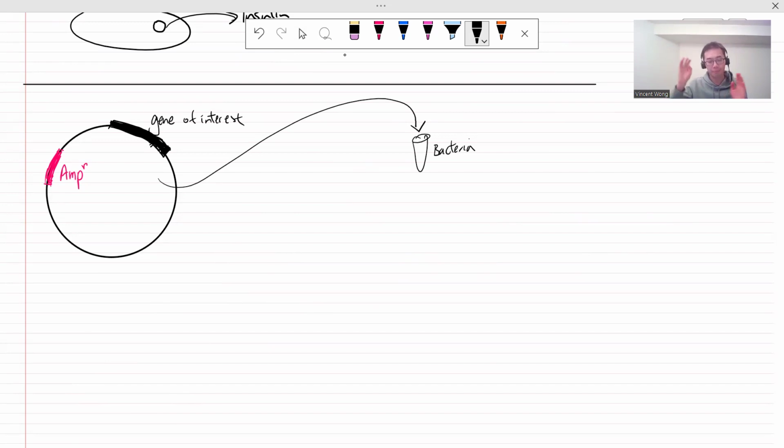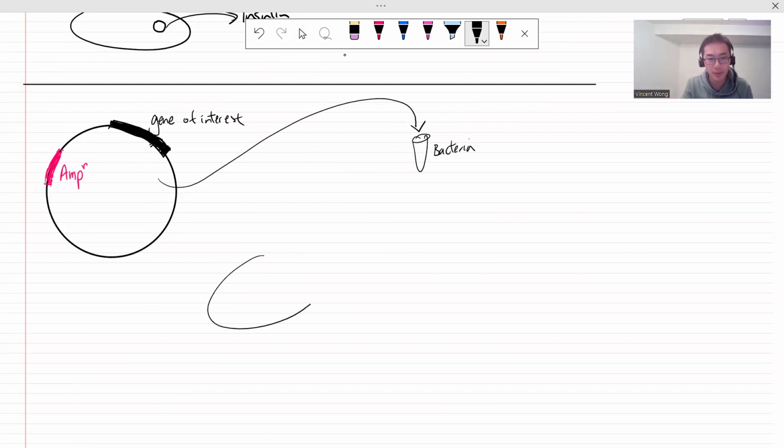That doesn't matter, okay? But the point is that you can encourage them to take it. But not all of the bacteria are gonna take it up. There are only some that will take it up. And some would just ignore the plasmid and carry on, right? So how do you choose which one has accepted the plasmid?